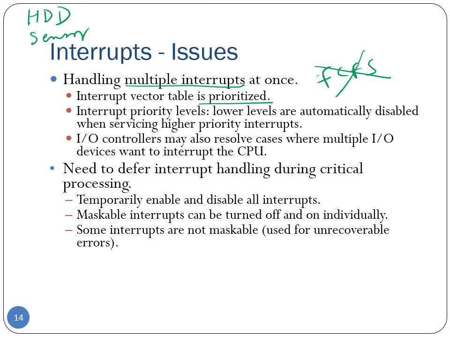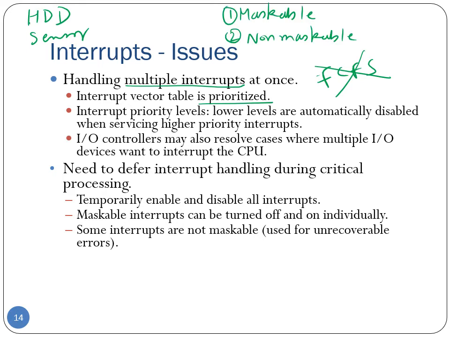Perhaps we need a priority level corresponding to every type of IO device that might be connected to the computer. But that is not how most processors implement interrupts today. In most modern CPUs, there are actually only two priority levels supported for the interrupts.